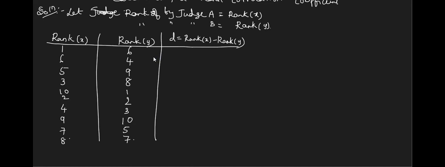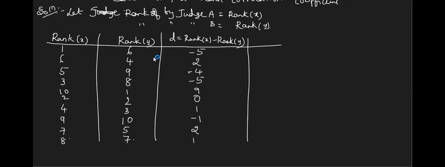Calculate it. 1 minus 6. 6 minus 4. 5 minus 9. 3 minus 8. 10 minus 1. 2 minus 2. 4 minus 3. 9 minus 10. 7 minus 5. 8 minus 7.